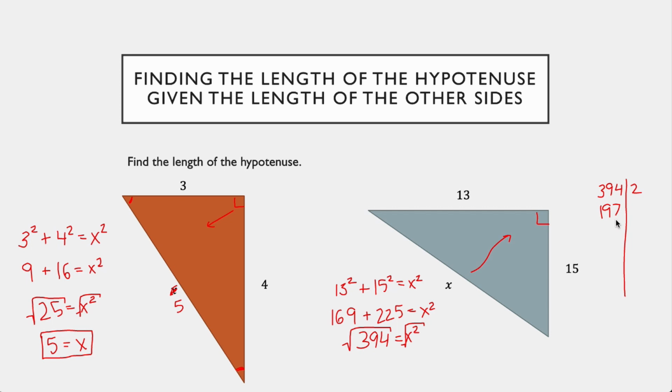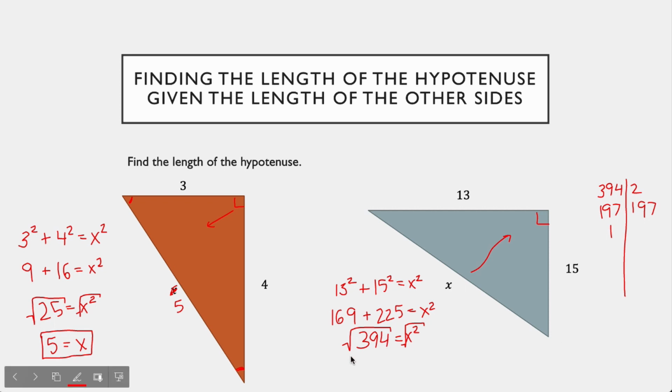And can we divide this by one of the basic prime numbers, 2, 3, 5, 7? No, this is a prime number, so we divide it by 197 to get 1, and once we get to 1, we stop there. So now we have to look for pairs because this is a square root. This is literally 2 over here, and an invisible 2. So if this were a cube root, if we were taking the cube root of 394, then we would look for triplets, and so on and so forth.